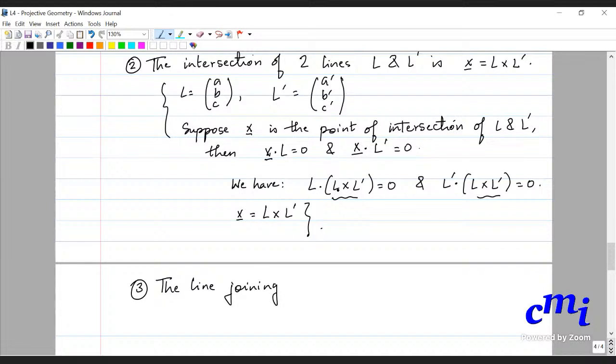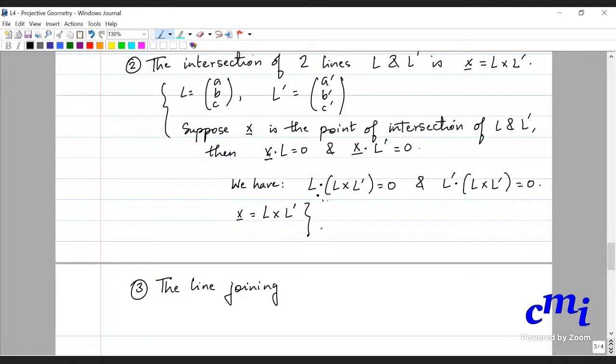Like L dot product L cross L prime equals 0. This is something you must have done in high school. If you take any two vectors, you can check this property holds. This is the dot product here, and this is the cross product, and you can use algebraic properties, or you can expand it out and check that this holds.